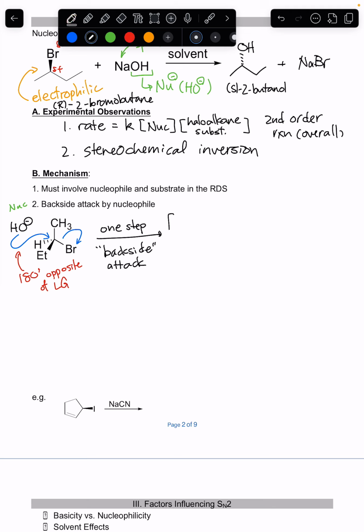And then if we look at the transition state, the molecule basically should look like this. Here's the carbon being attacked. Here's the ethyl group. Here's the hydrogen. And the hydroxide is beginning to form a bond with this carbon, and the bromide is beginning to leave and break that carbon-bromine bond during the transition state. That must be what's going on that leads to the inversion of stereochemistry.